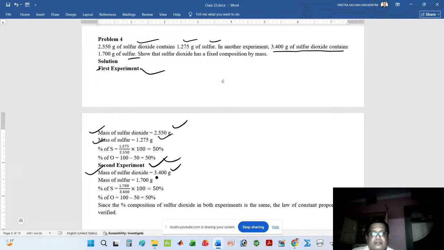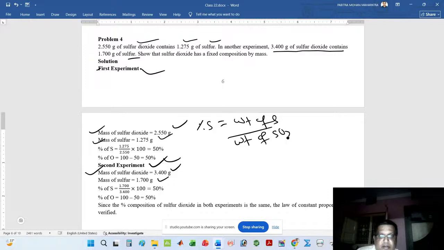Look at the first experiment. Here I can say the percentage of sulfur is how much? Percentage of sulfur means weight of sulfur divided by weight of sulfur dioxide into 100.